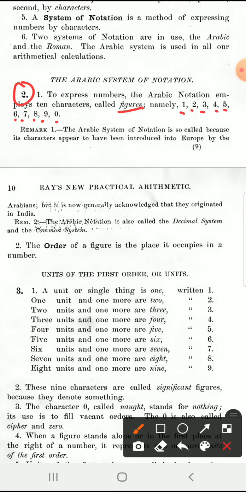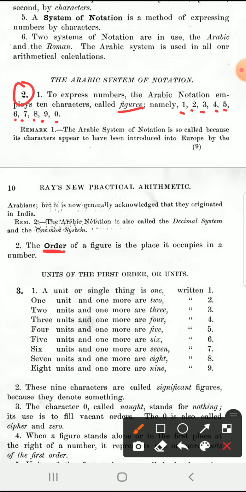So the first rule, or first point in lesson 2, is to express numbers, the Arabic notation employs 10 characters called figures. The second point in lesson 2, down here on the next page, teaches us that the order of a figure is the place it occupies in a number.